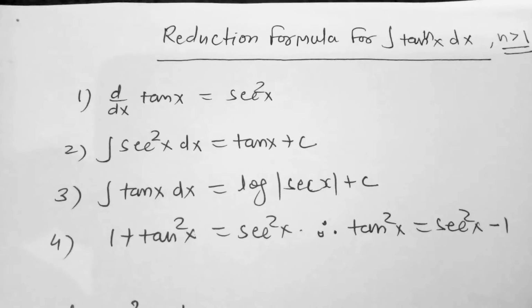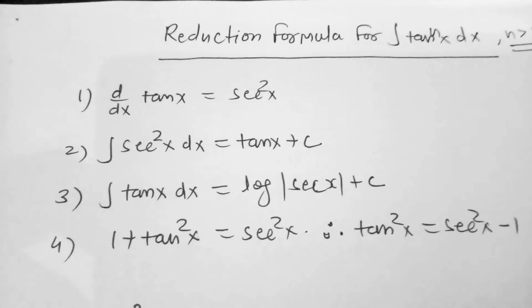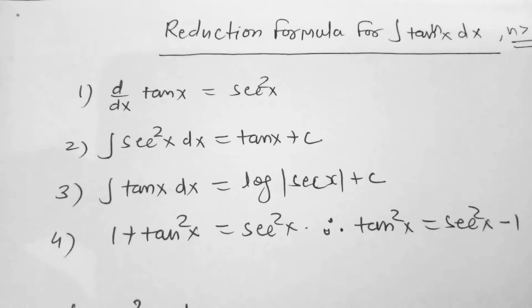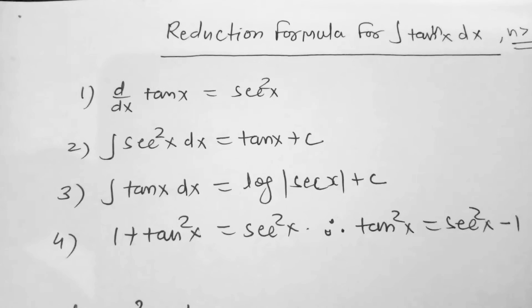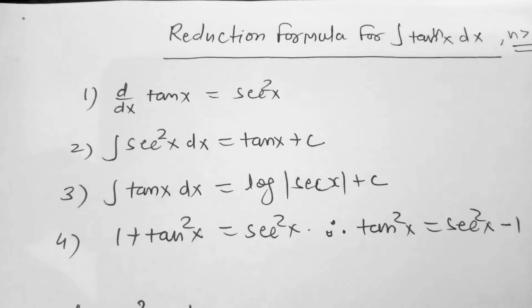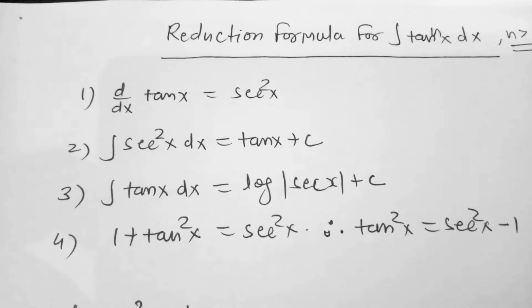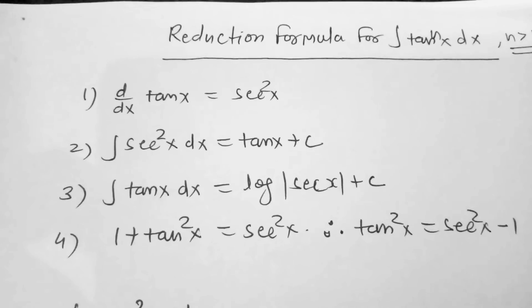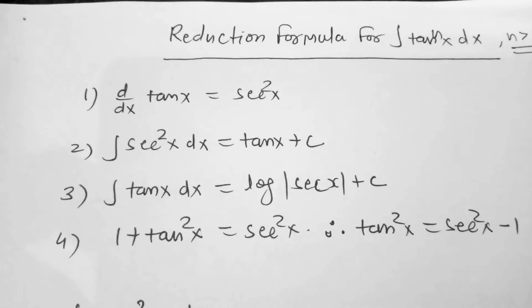First of all, we know that the derivative of tan x is sec square x, and hence the integration of sec square x dx is tan x, plus constant of integration. And integration of tan x dx is log of mod of sec x. And 1 plus tan square x equal to sec square x.